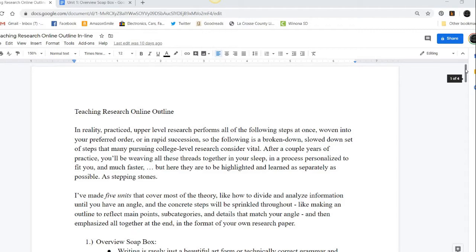So really, these are all woven together in reality. I do a lot of these at the same time, even as I'm looking for sources. I'm also thinking about the reliability. I am getting ready to write about the math. I'm wondering if my writing about the statistics that I found inside primary sources are going to fit my thesis statement, which I have already laid out in an outline that changes and that I draft with as I come across new information.